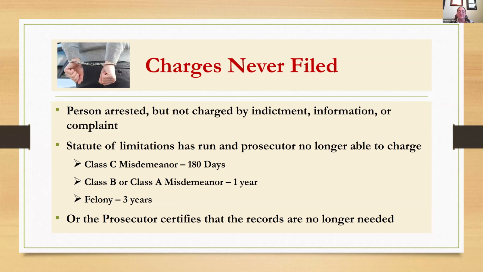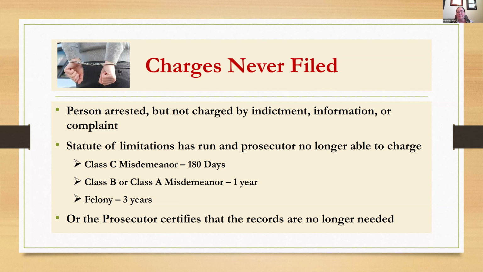Like I said, if you get a Class C ticket, a public intox or something like that, and it's never filed, it's 180 days, so 6 months after it's not filed. A Class A or Class B misdemeanor is generally 1 year. And generally for a felony, it's 3 years.